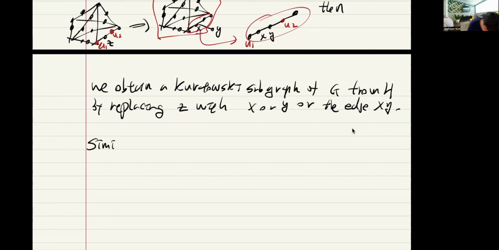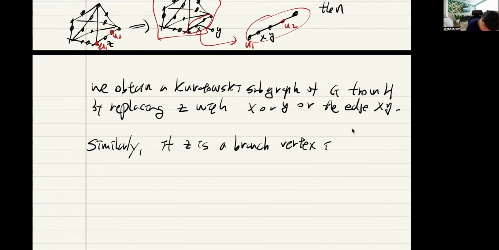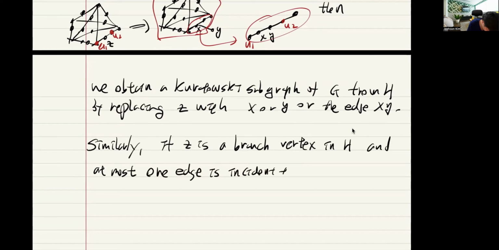And in a similar way, if v is a branch vertex in H, and most of H's edges are incident to v. So in the contraction, there are many edges incident to it.